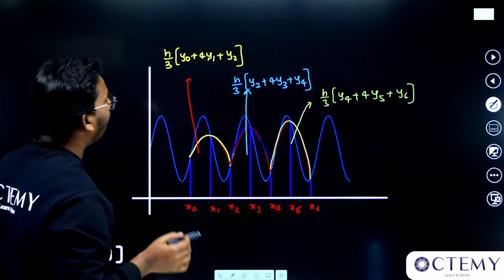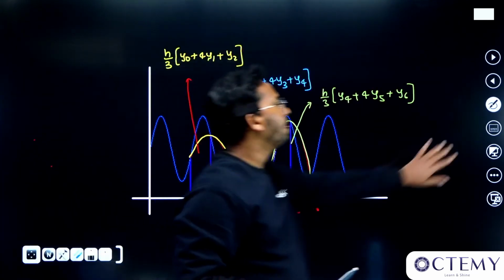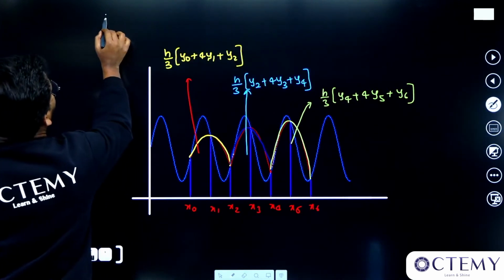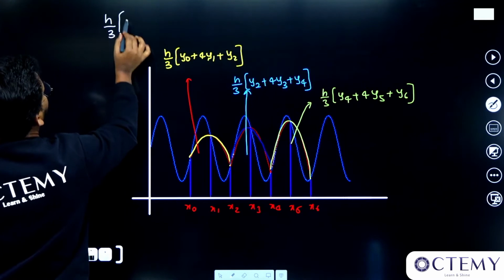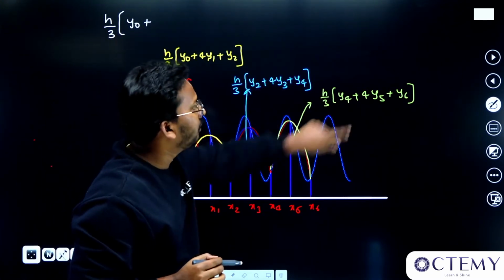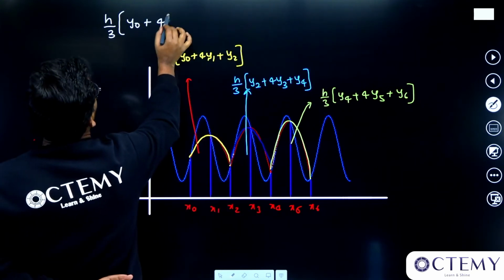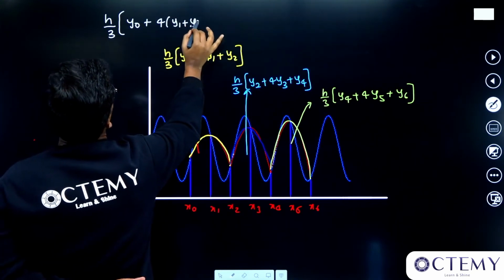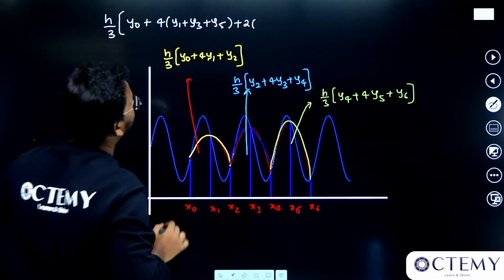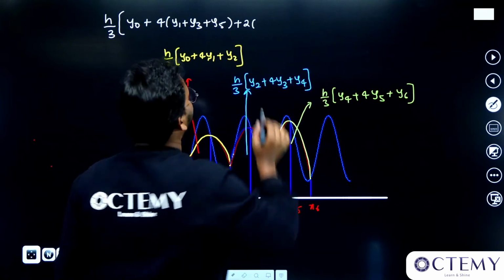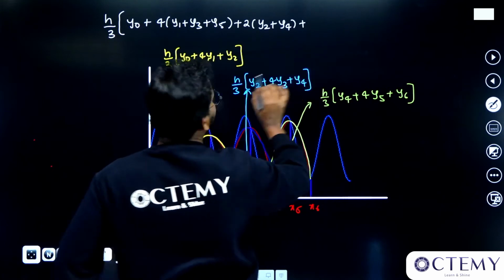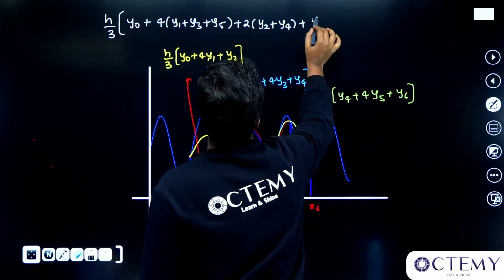If you add all these, what are you going to get? You take h by 3 common because everything has to be added. See, sir, y0 is y0 only, plus 4 times y1, y3, y5, plus 2 times y2, y4, and the last one is y6.